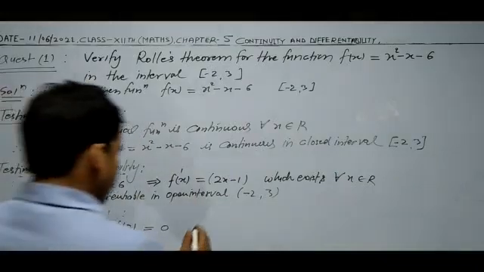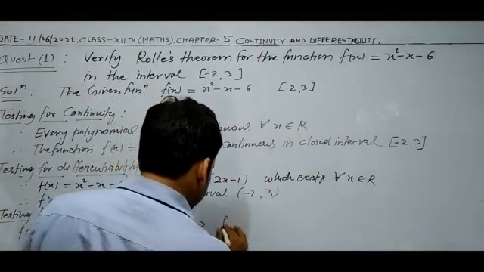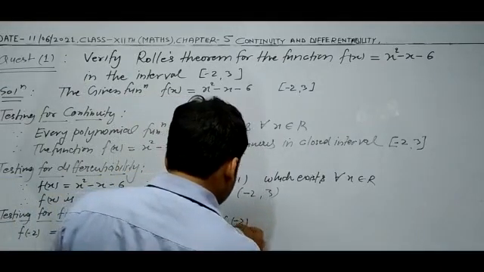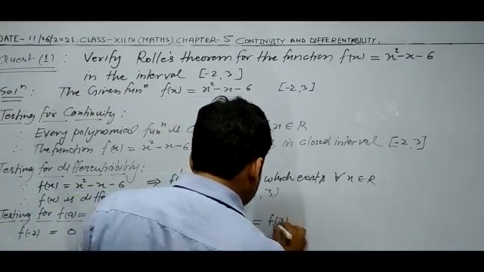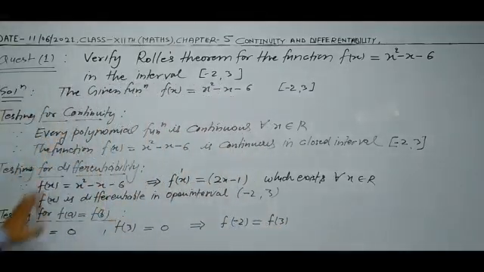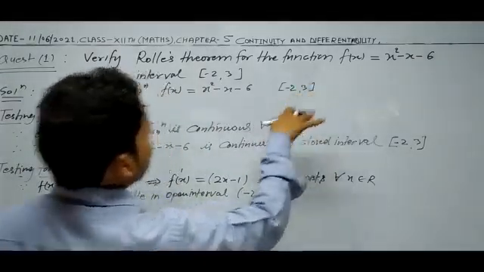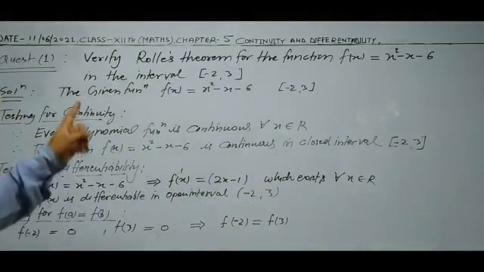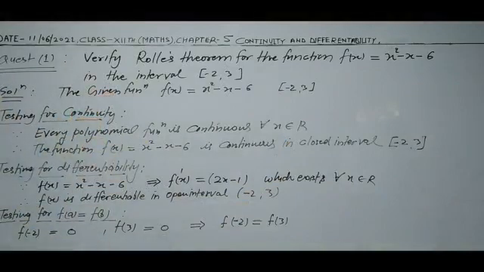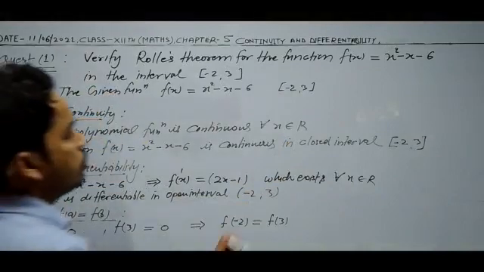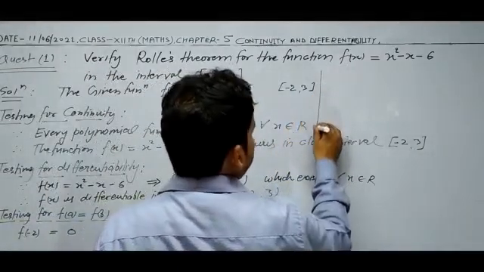This implies f(−2) = f(3). All three conditions are satisfied. So we can say there exists at least one value c in the open interval (−2, 3) such that f'(c) = 0. Now f'(x) = 2x − 1, so f'(c) = 2c − 1, and equating to 0, we get c = 1/2. This c = 1/2 lies between −2 and 3 in the open interval.